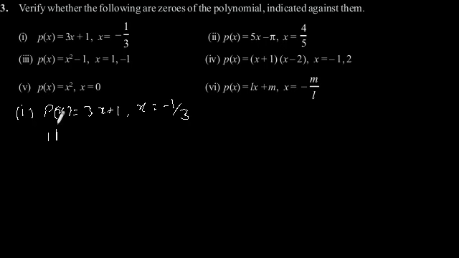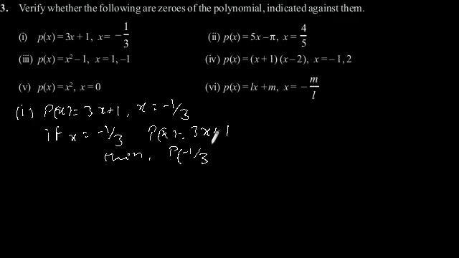So, if x is equal to minus 1 by 3 is a zero of the given polynomial, that is p(x) is equal to 3x plus 1, then p(minus 1 by 3) must be equal to 0.